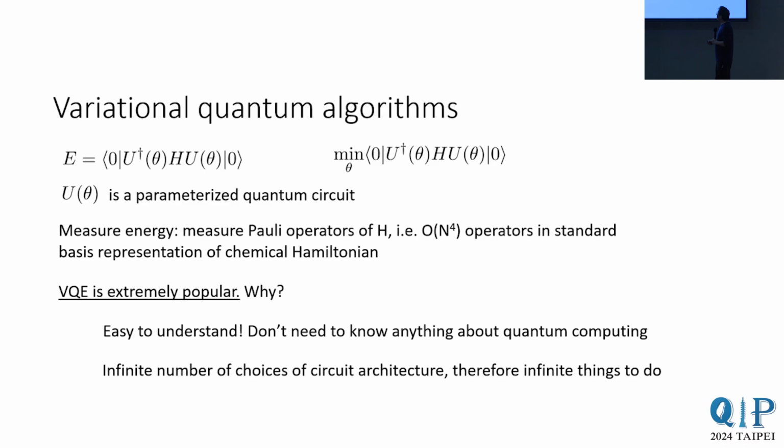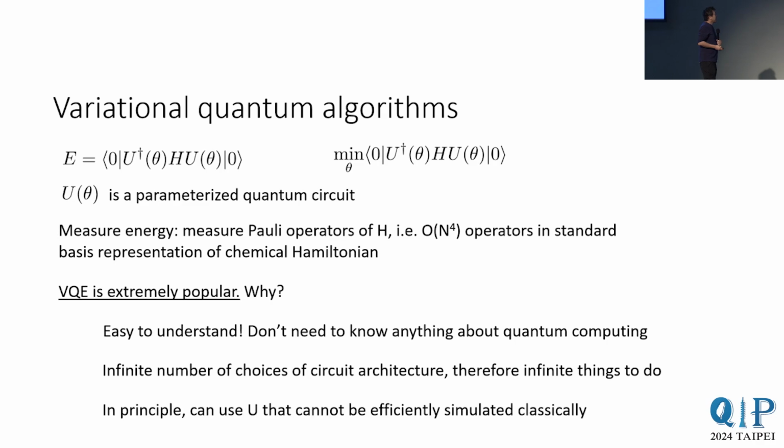The second thing is, there's an infinite number of circuit architectures you can put in. So there's an infinite number of things you can do. Right? You can keep yourself occupied for a very long time. And then, of course, in principle, it's possible that there are unitaries here that provide compact descriptions of ground states for which there aren't equivalently classically compact descriptions of ground states.